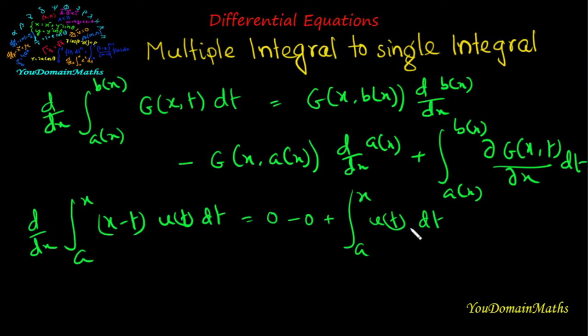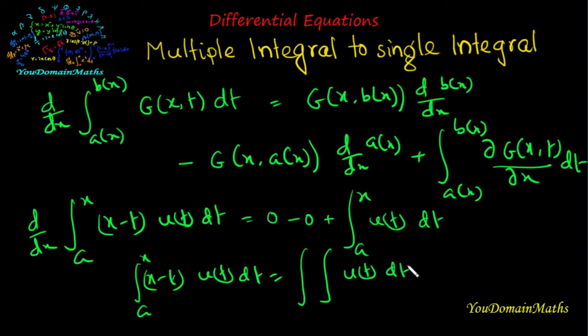Now integrating both sides with respect to x, we get on the left side the integral from a to x of (x minus t) u(t) dt, but on the right side there are two integral signs of u(t) dt, both from a to x. With two integrating variables, the upper limit of the first integral is x, otherwise we cannot integrate with x.